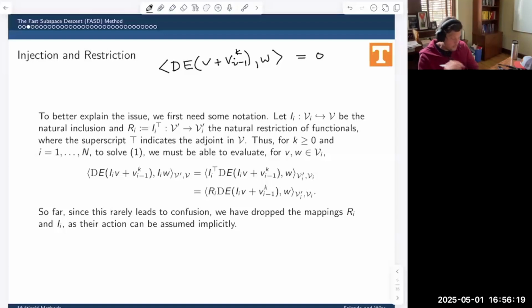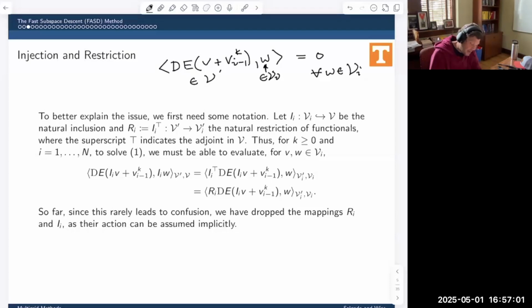okay? So the idea here is, you might be thinking to yourself, maybe this doesn't actually make sense, right? Because this had to work for all W in VI, right? So this is a Frechet derivative of an energy which lives on the full space. So where does this guy live? This guy lives in V prime, which is called the dual space of V. But what about this little element here?